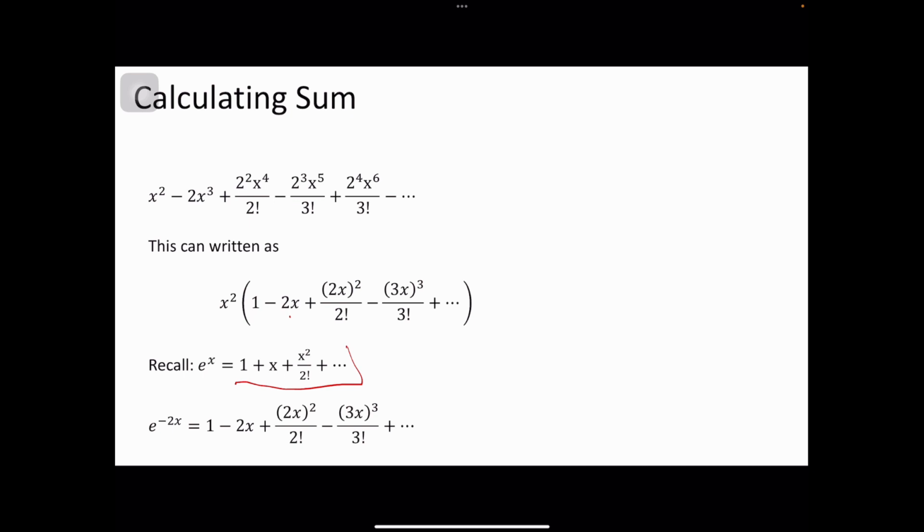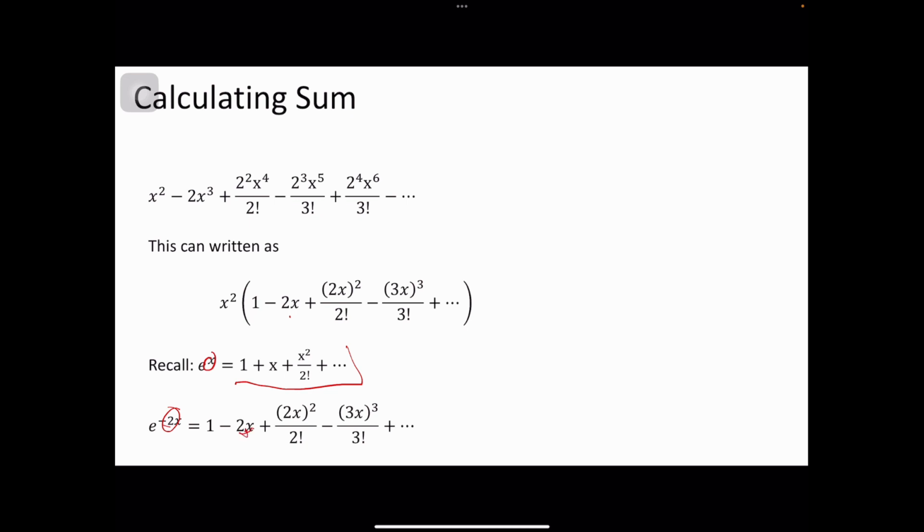So what about e to the power of minus 2x? For e to the power of minus 2x, we can see here we can simply replace this x with minus 2x. So everything will be the same except x is now replaced with 2x.